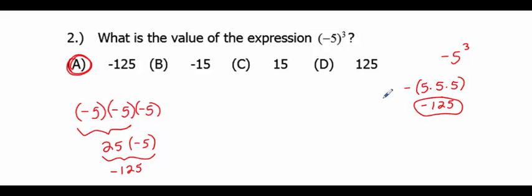This example here, because the exponent is odd, does not make a difference with the negative being included in the parentheses. However, if that was an even exponent, the answer would have been different. Okay? So just as a reminder, if the parentheses are around the whole base and there's a negative there, include the negative with your base when you multiply things out.